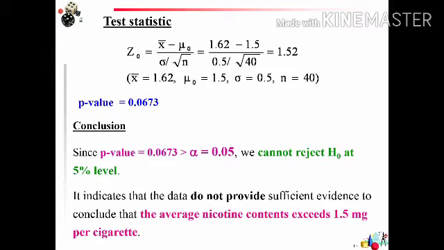So we accept H naught at 5% level. So the interpretation of the result is, it indicates that the data do not provide sufficient evidence to conclude that the average nicotine content exceeds 1.5 mg per cigarette.